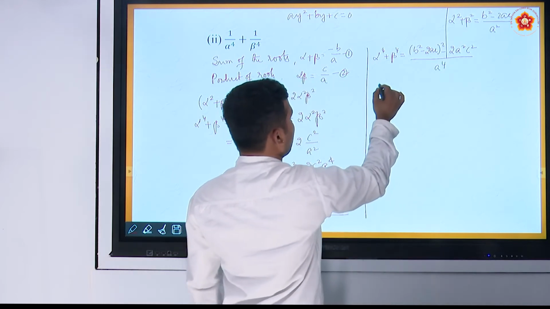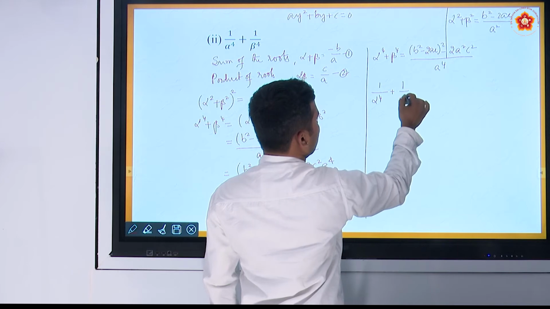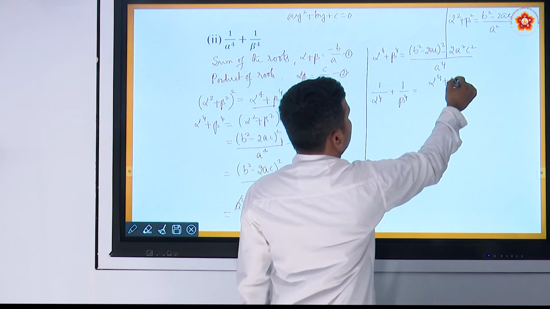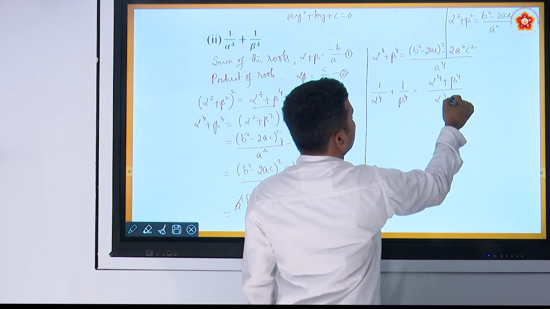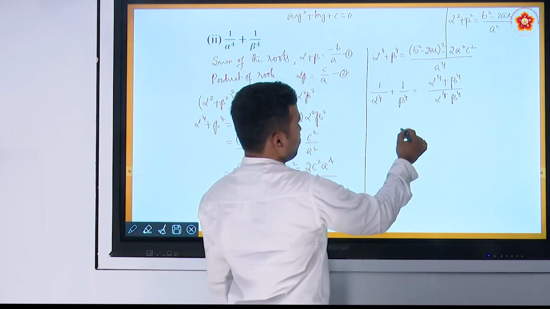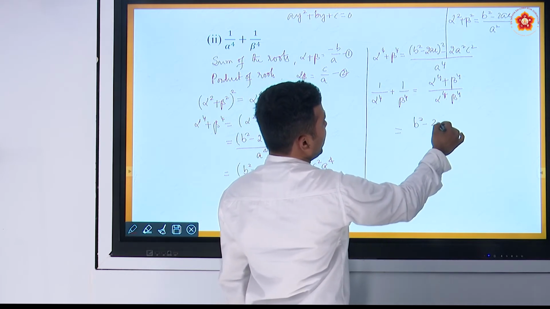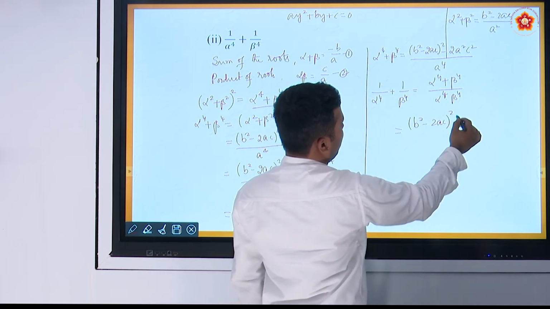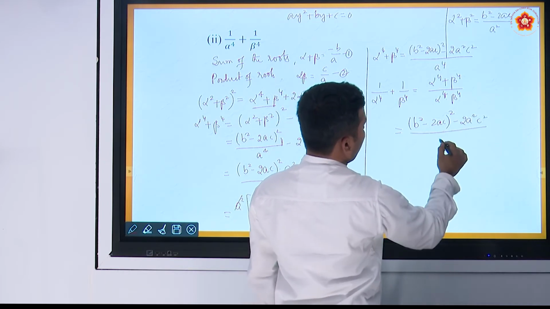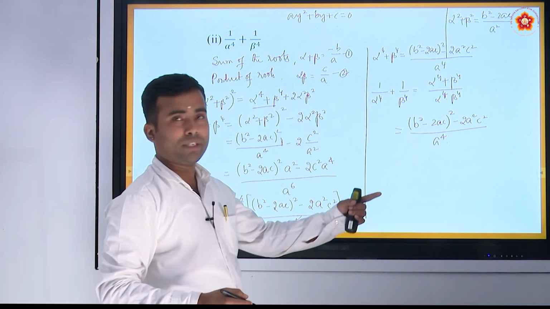So now I want 1 by alpha power 4 plus 1 by beta power 4, which is equal to alpha power 4 plus beta power 4 divided by alpha power 4 into beta power 4. Now alpha power 4 plus beta power 4 is b square minus 2ac whole square minus 2a square c square, whole divided by a power 4, and divided by alpha power 4 into beta power 4.